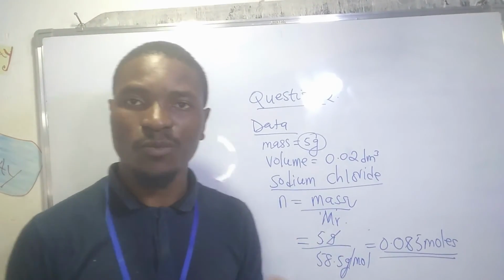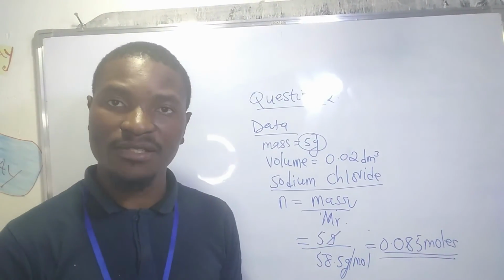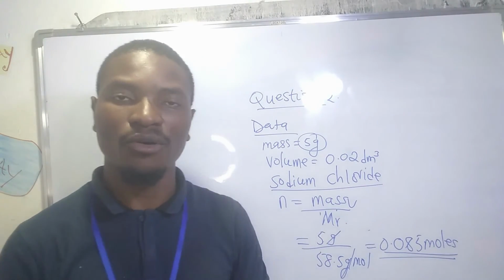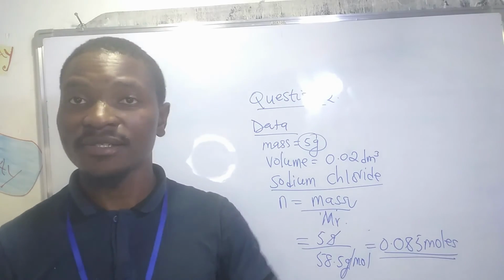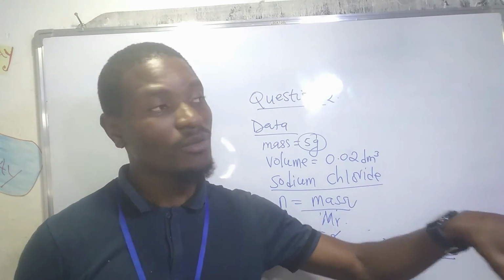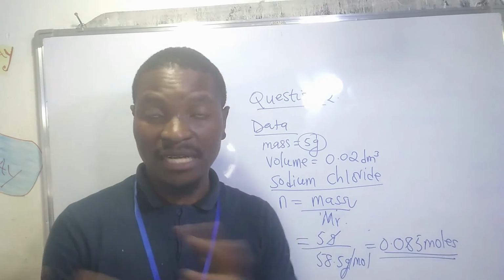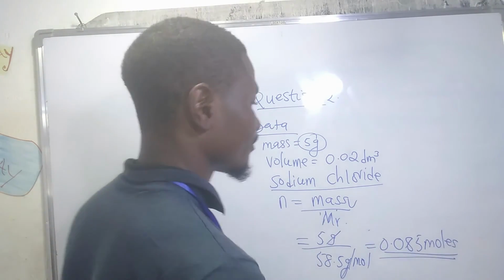So the first thing that you're supposed to do is convert the mass that you've been given into moles. And then you use the formula for concentration. So concentration equals moles over the volume that you have. So that is molarity.